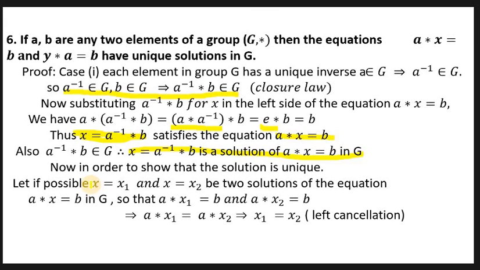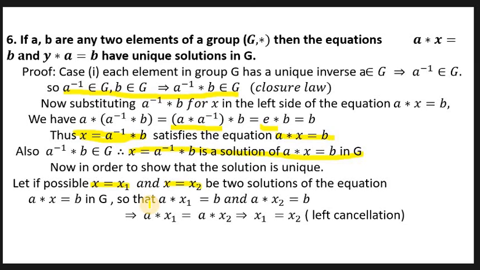Let us take x has two values, x1 and x2. These two are the solutions of the equation we have considered. Then A star x is equal to B in G, so that these two values will give two equations separately.